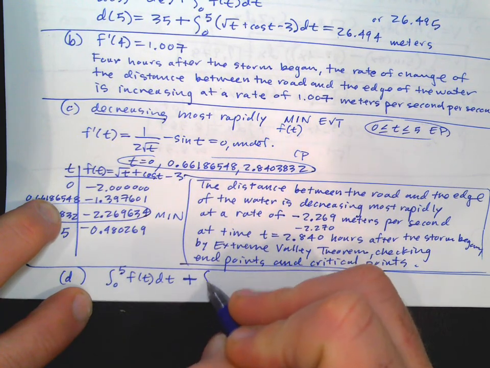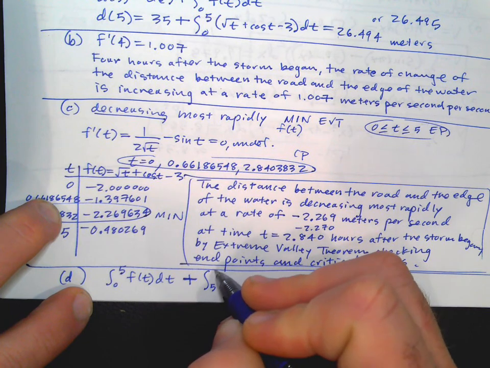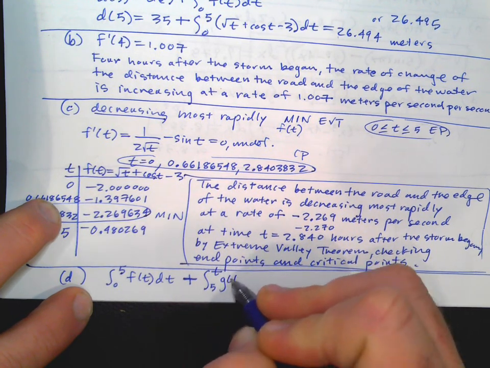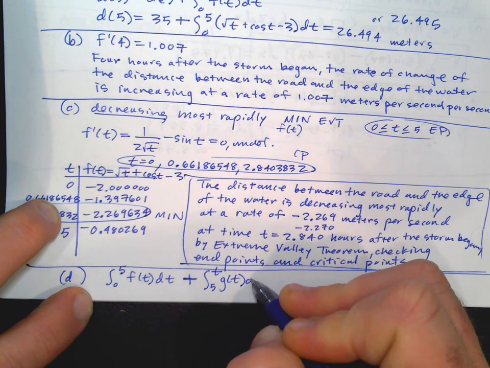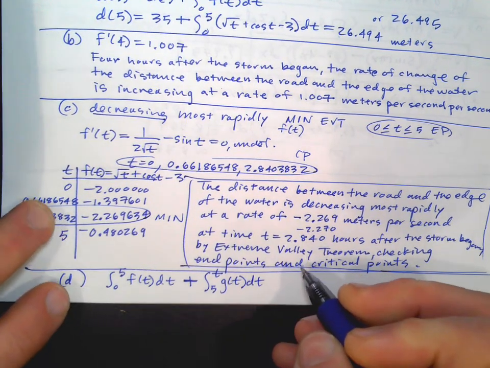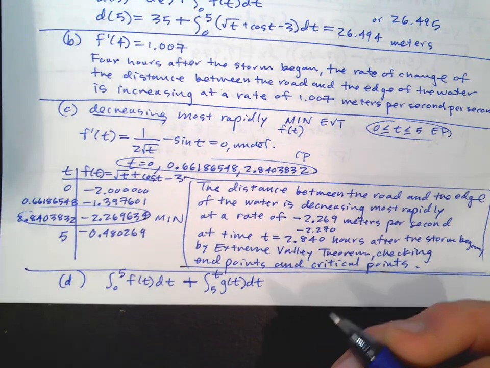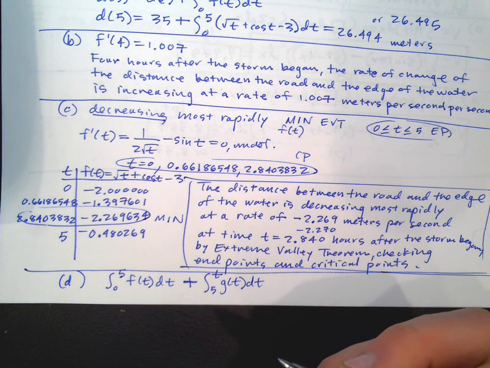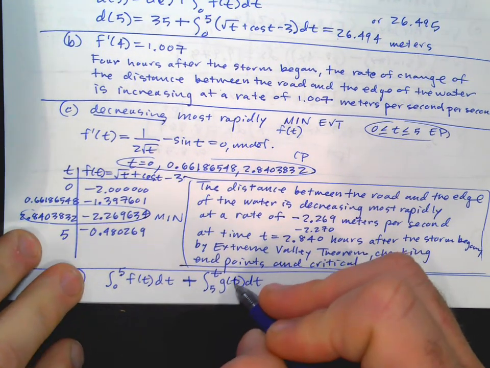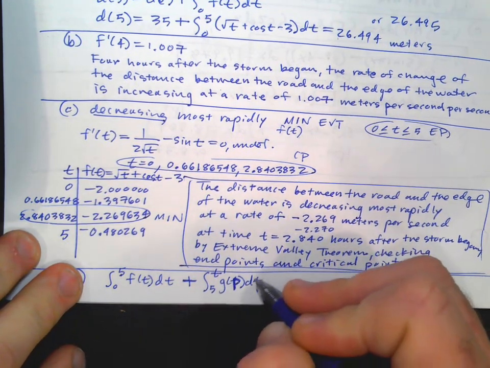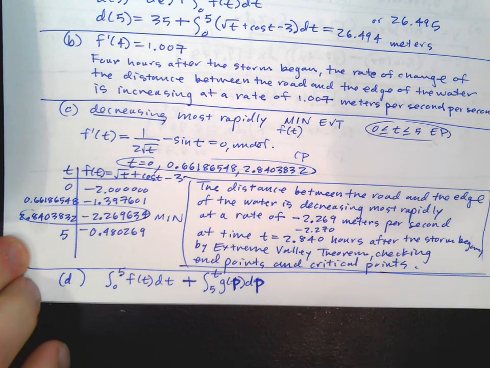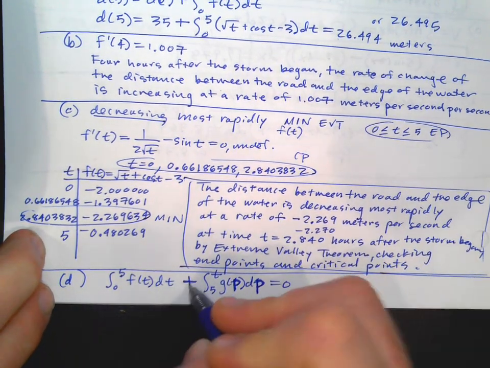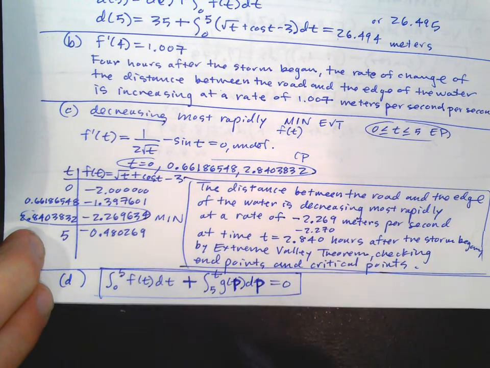Then we're going to add the sand coming back, 5 to some time t of the rate coming back. Now, so it says, P, we're supposed to use P as the input variable here. Okay. So I think, and we'd want that to equal 0. We want that to equal each other out.